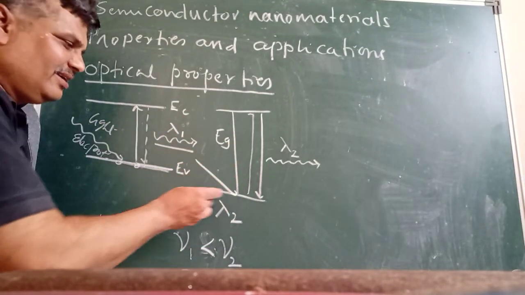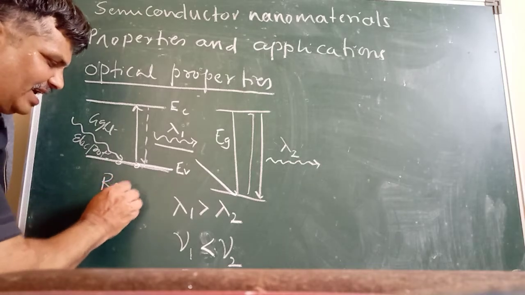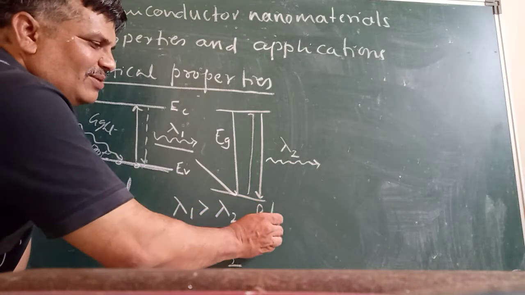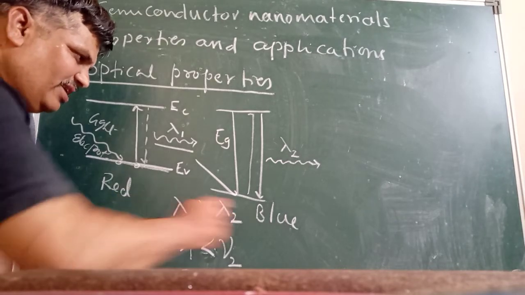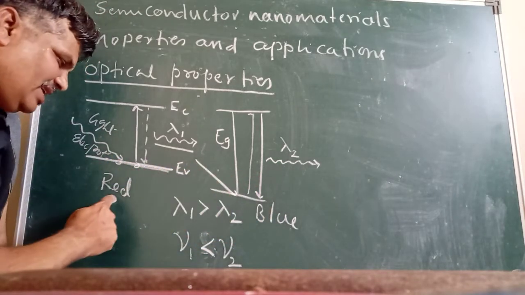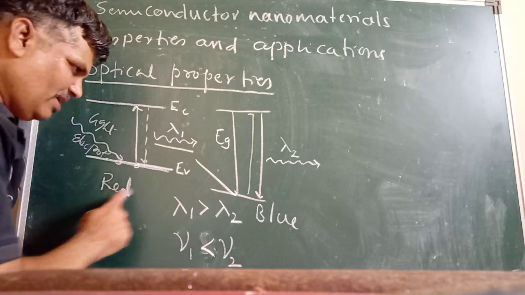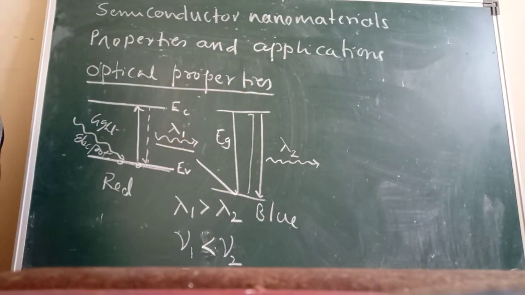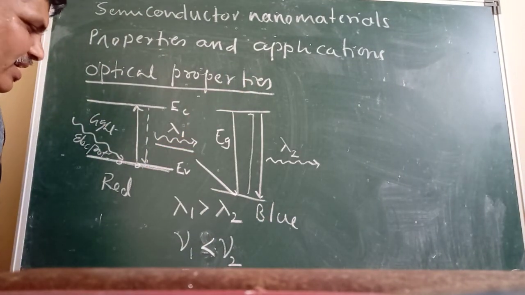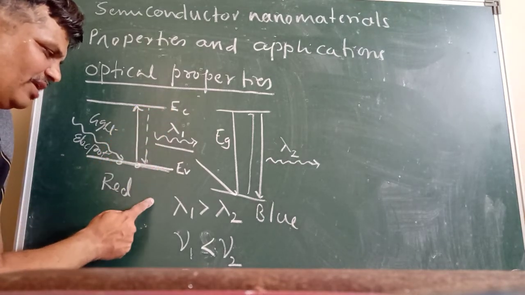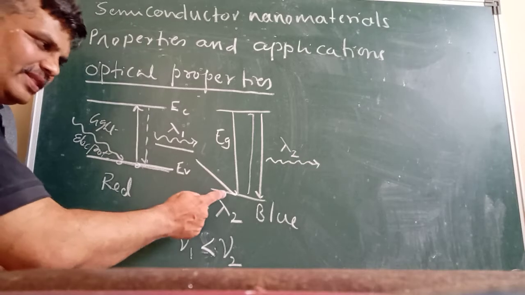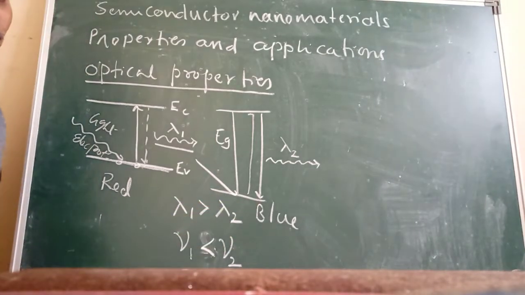This side is red and this side is blue. As the band gap increases, the color goes from red, orange, green, then blue, like that.